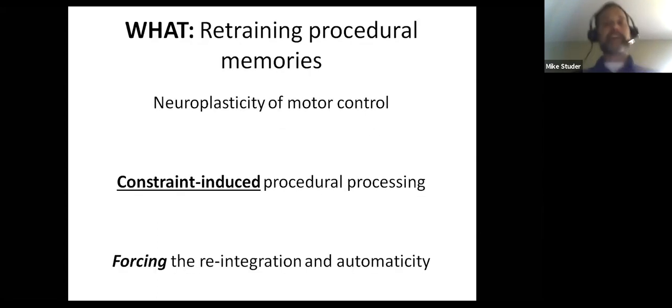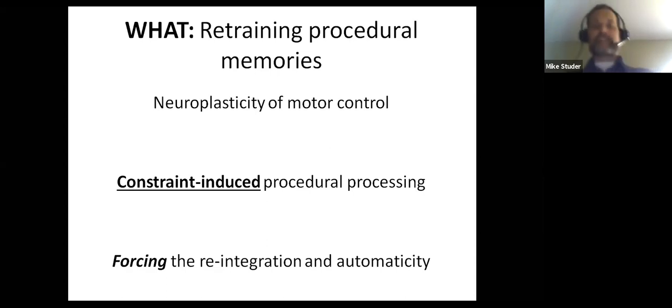And now let's move on to finish up the consideration of what? So as I suggested earlier, dual task training is in fact categorized as constraint-induced procedural processing. Now, constraint-induced meaning that through the introduction of a secondary task, you are arresting or utilizing some of the resources of the primary attention center, forcing that in combination, the secondary task be processed down into the procedural memory centers, basal ganglia, cerebellum, supplementary motor center, as well as the premotor cortex.